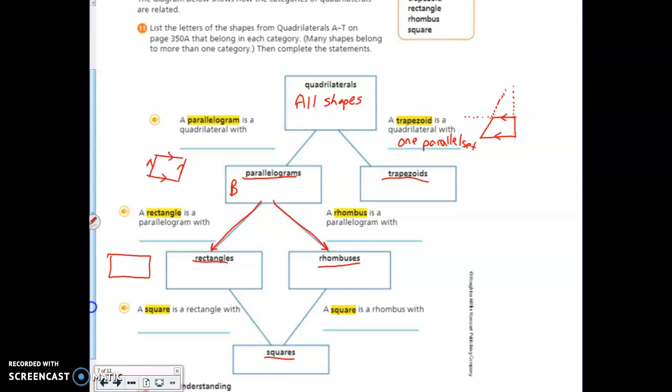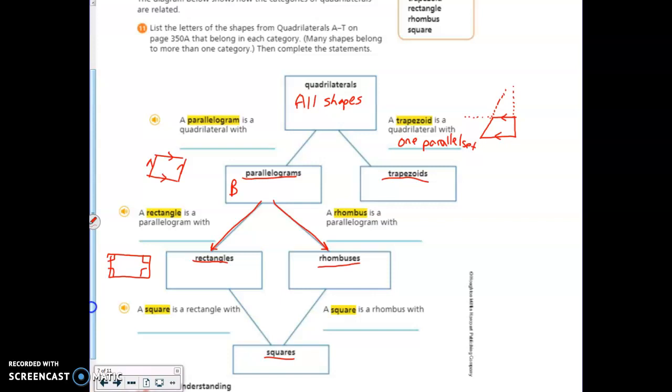So a parallelogram with 4 right angles fits the category of a rectangle. To be a rhombus, it is a parallelogram with 4 equal sides. All right, so any quadrilateral that is a parallelogram can also be a rhombus if it contains 4 equal sides.